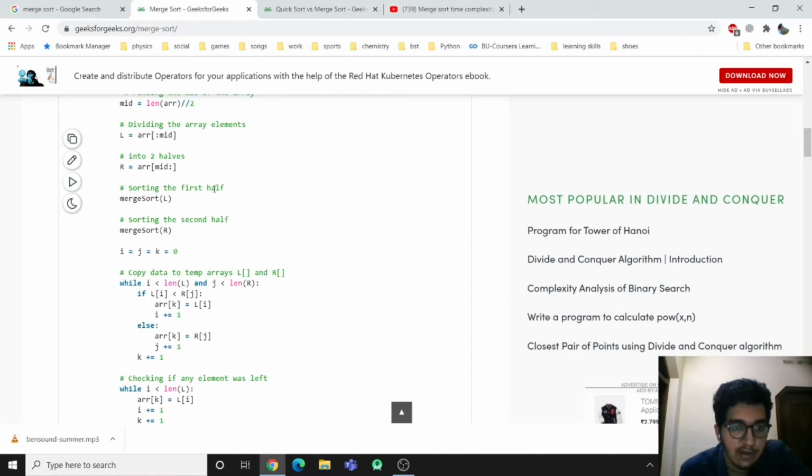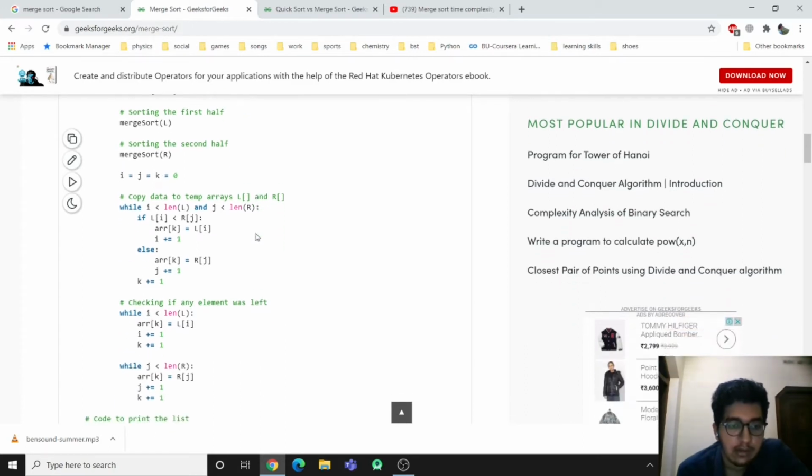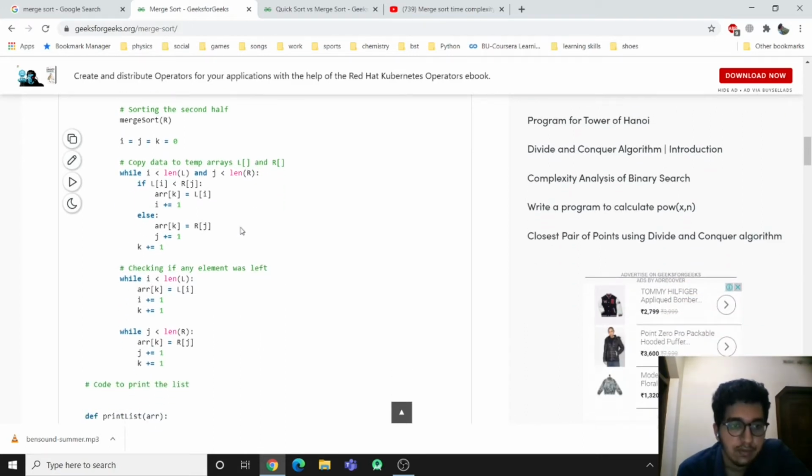Now they'll sort the left half by using mergeSort(L), and they'll sort the right half by using mergeSort(R). Now the condition is i equals j equals k equals 0, where they're incrementing i, j, k starting from 0.